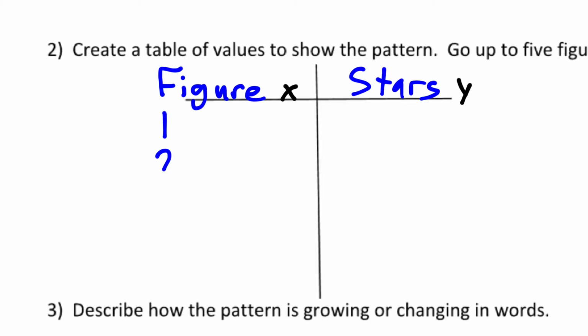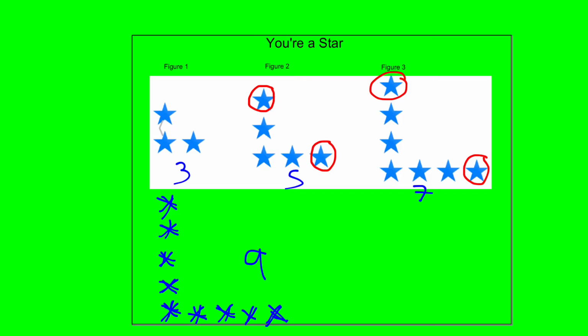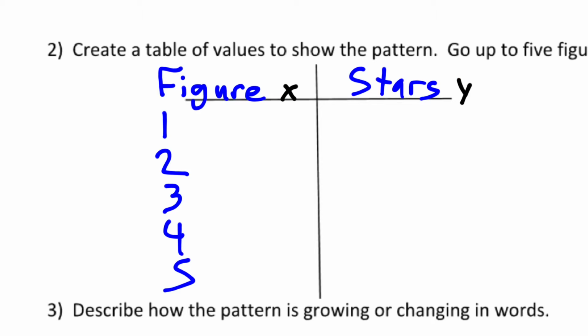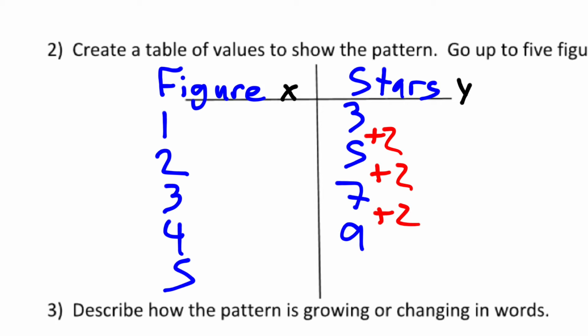So 1, 2, 3, 4, 5. And it went 3, 5, 7, 9. Okay, and we can see that the pattern is probably increasing by 2 in the stars column. So we can logically say in figure 5 there'll be 11 stars.